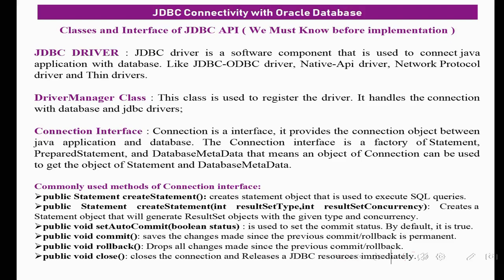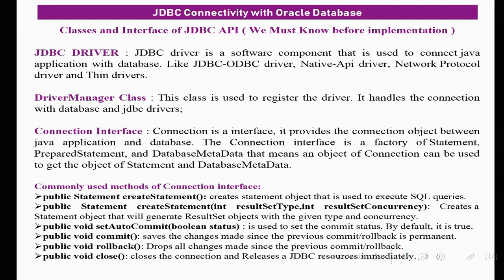Now let's understand commonly used methods of Connection interface. The first method is public Statement createStatement(). It creates a Statement object that is used to execute SQL queries. Now the next is public Statement createStatement(int resultSetType, int resultSetConcurrency). It creates a Statement object that will generate ResultSet object with the given type and concurrency.